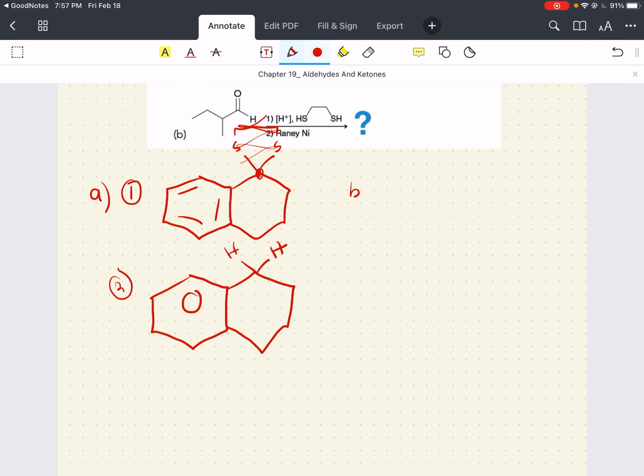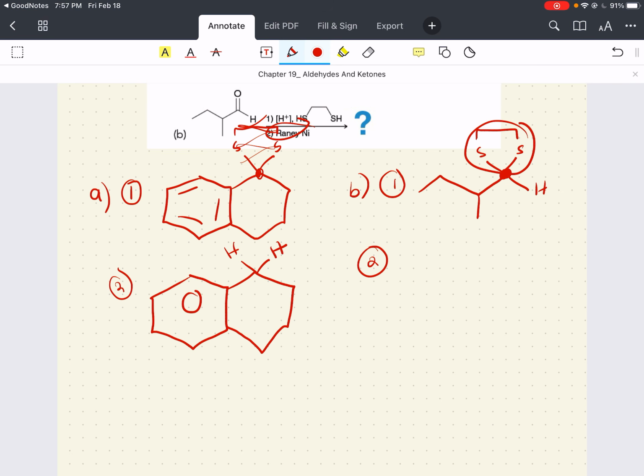Let's do B. First step is, again, we have this aldehyde that we are going to treat with a thiol. So we know what this is going to look like. We have our thioacetal that forms. But again, we have one more step, this Raney nickel that we are going to treat this with. What this is going to result in is this carbon right here with the thioacetal group.